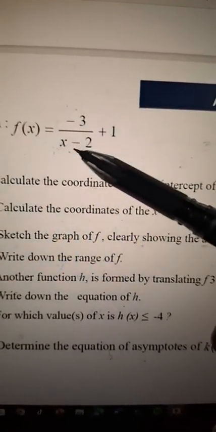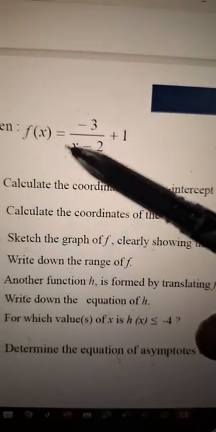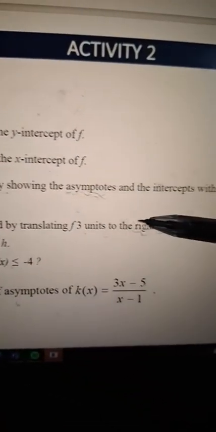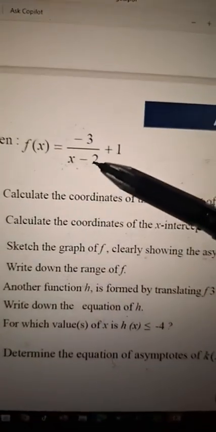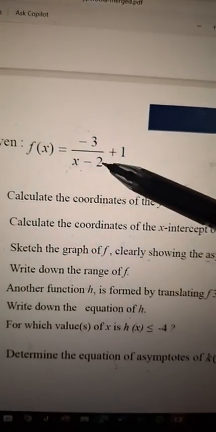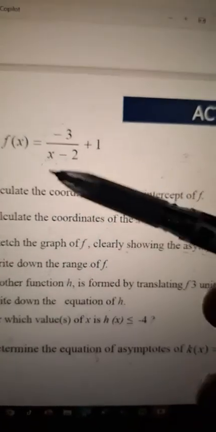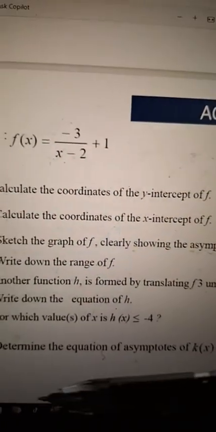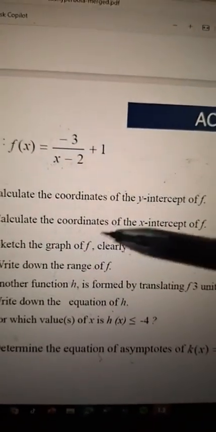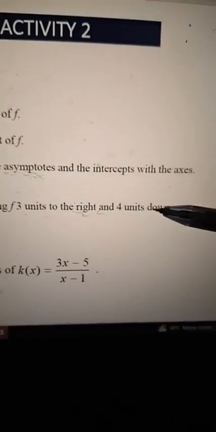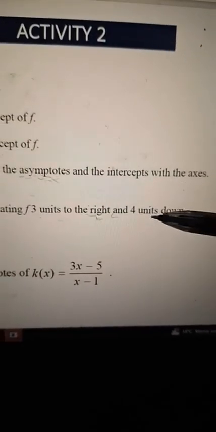So people usually do this mentally, and they write h of x is equal to negative 3 over x, and then they're like, okay, if it's translating f 3 units to the right, what am I doing? I am subtracting 3 from minus 2. So therefore I say minus 2 minus 3, which gives me negative 5 in the denominator. x minus 5.